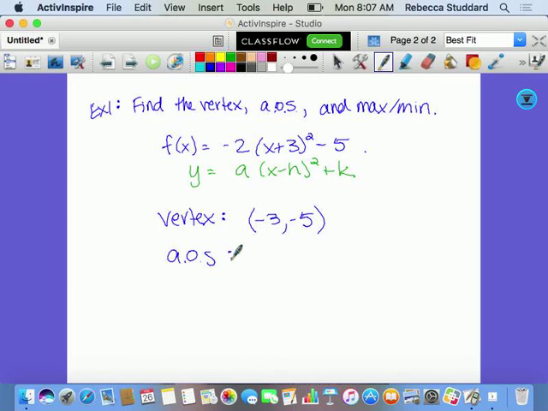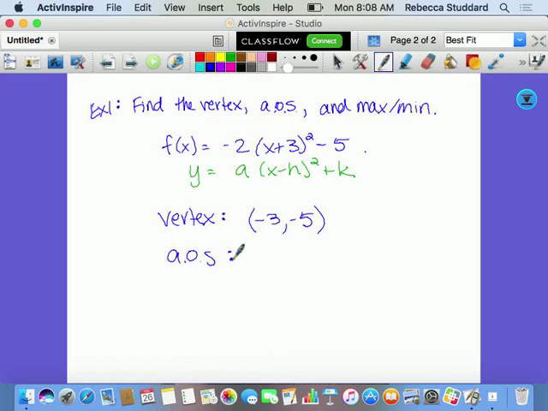The axis of symmetry. What's it going to be? Graham, what's it going to be? It's going to be a number and a variable and an equal sign. Can you tell me how to put those together?